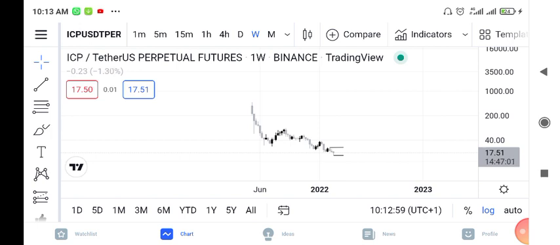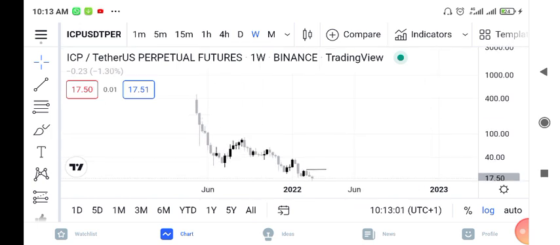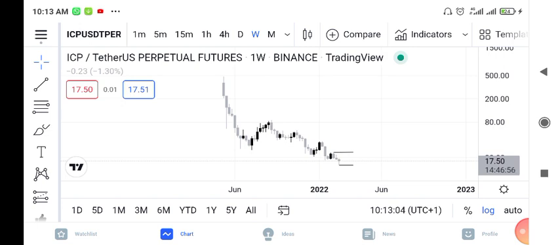Now I'm going to be talking about this coin, ICP. Personally, I trade the coin on Binance Futures Market, and I've been making a killing. ICP is a sleeping giant.